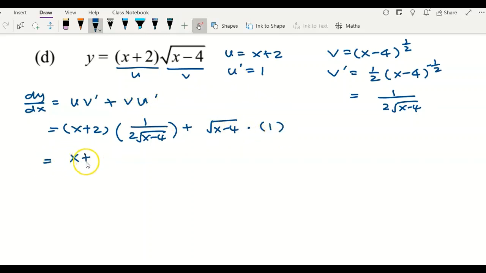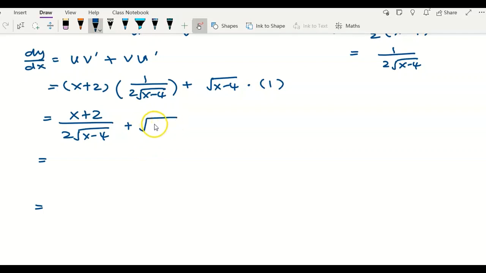Okay, so you have your (x plus 2) over 2 square root of x minus 4, plus the square root of x minus 4. And then this is not going to be your final answer because it has not yet been simplified.